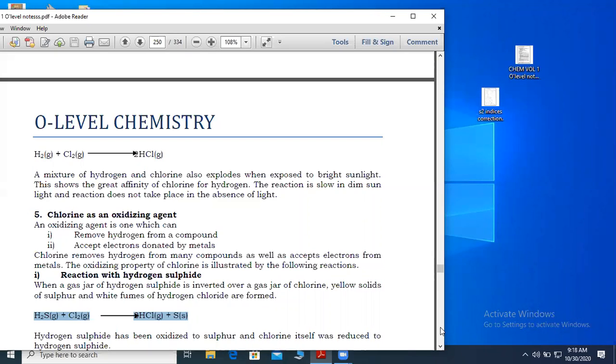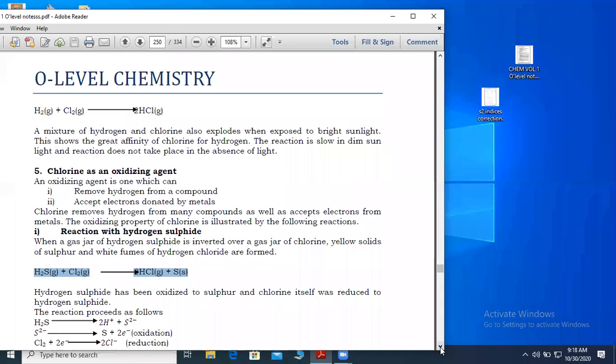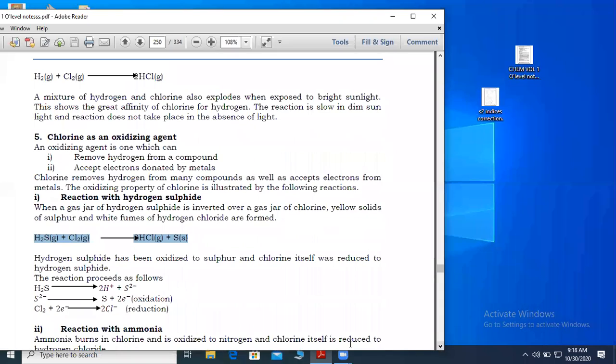Esther Ruth, are you there or you also don't know how to unmute? Someone tell us and save our time. What will you write as the observation when chlorine reacts with hydrogen sulfide? The products are hydrogen chloride plus sulfur. What shall we write as the observation?